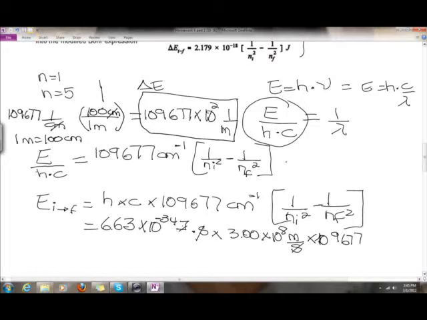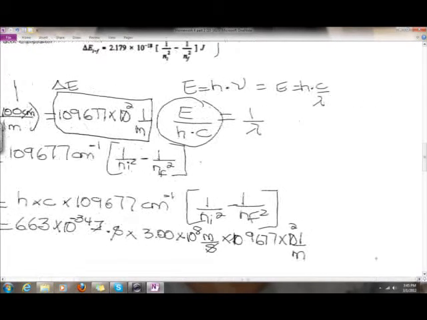What I did is convert it by 10 to the second, 1 over meter.